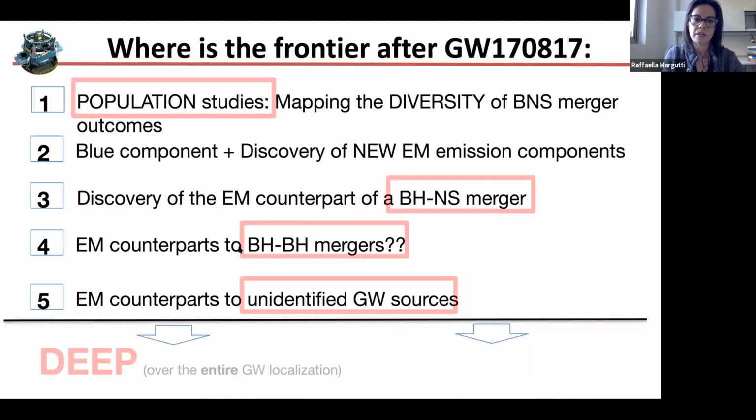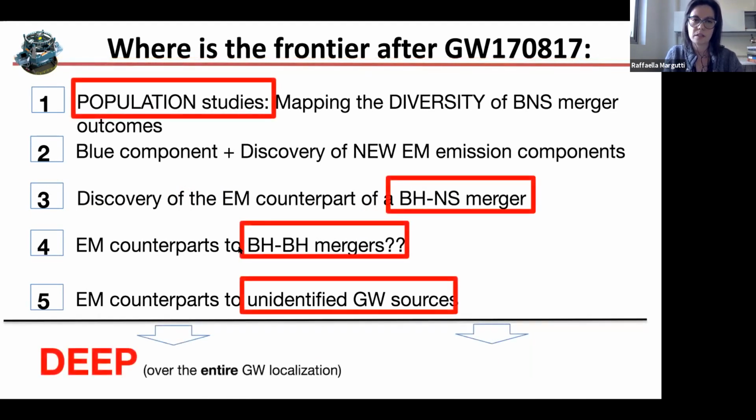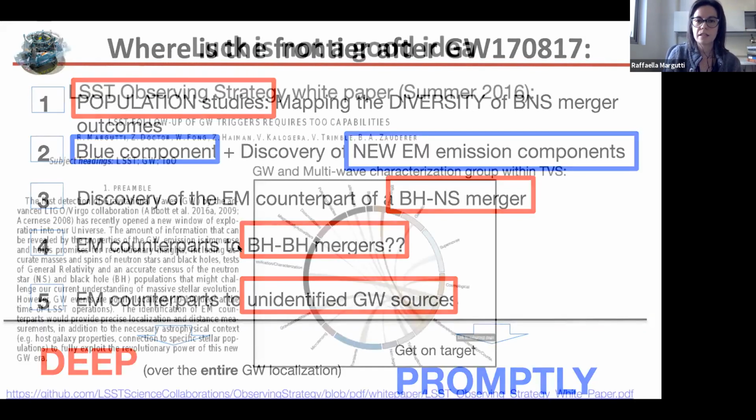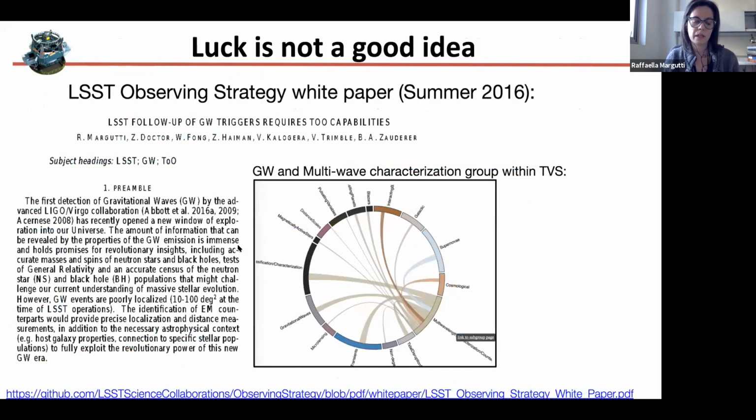So to summarize, to do this science, which is, in my personal opinion, completely revolutionary, we need two ingredients. We need to go deep, and we need to be able to cover the entire or most of the GW localization region in the sky. And we need to do that promptly. So we need to put together these two key ingredients in the recipe, deep and prompt. And that is where Rubin can play a unique role.